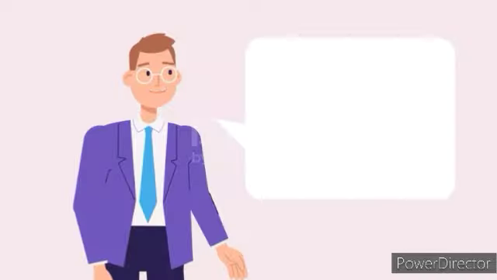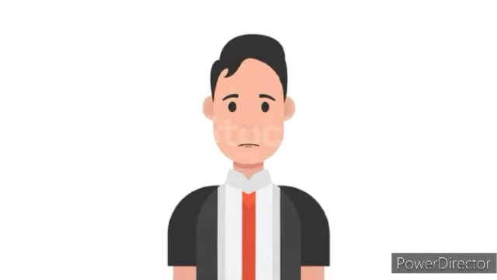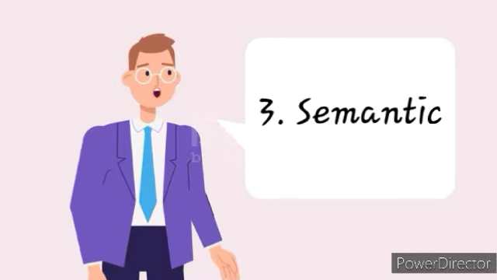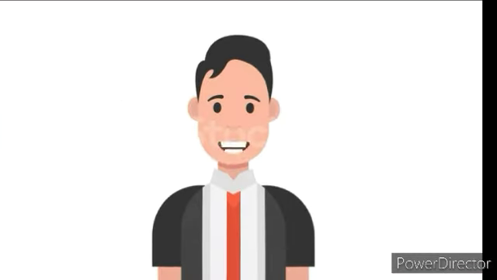Number two, procedural. It is the recall of specific skills or steps in completing a task, showing how. Third, semantic. It is the recall of general facts, principles, and concepts needed to answer standard questions.